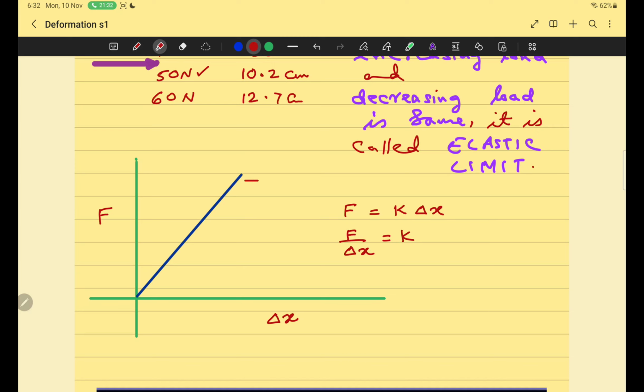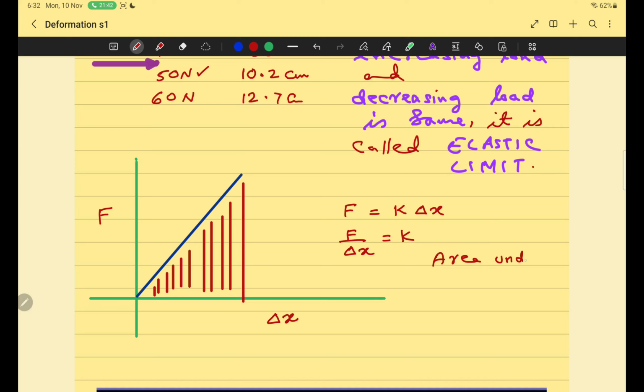And if you calculate area under the curve, it is called force into distance, force into extension. It is called work done.